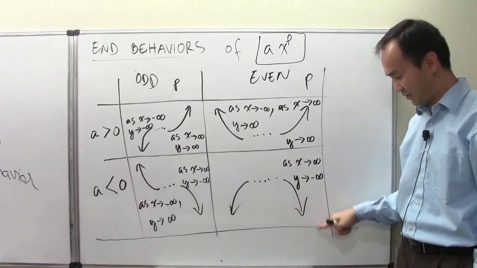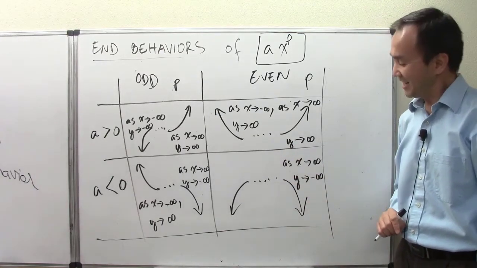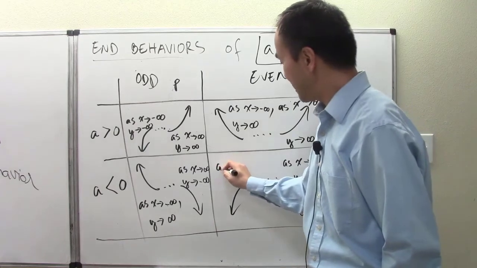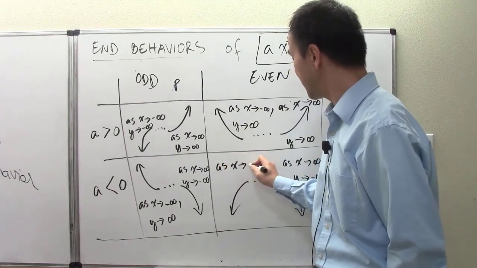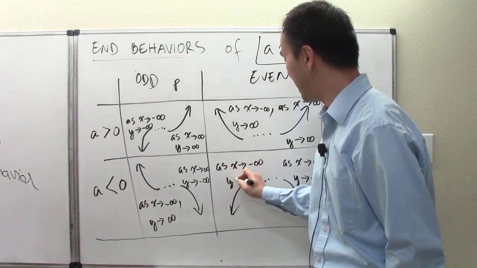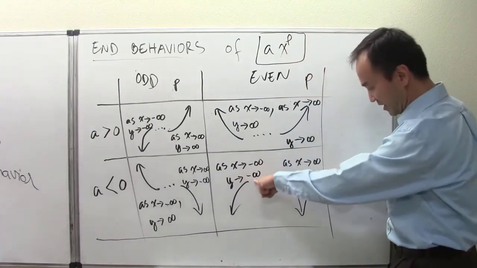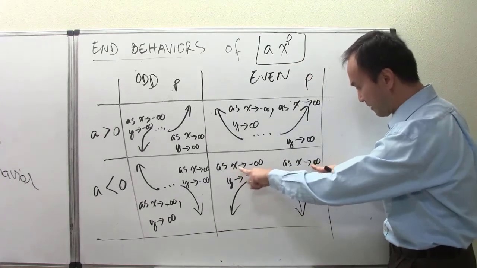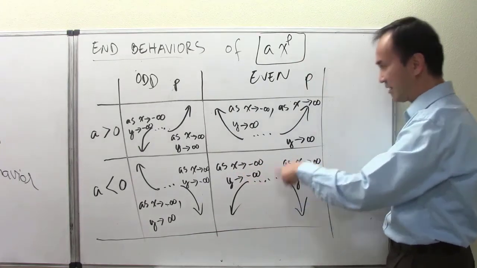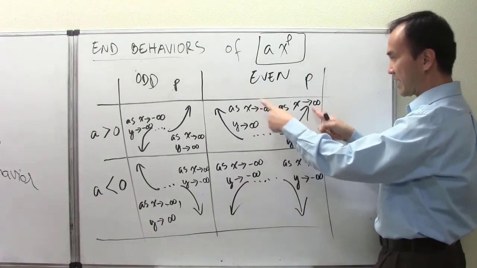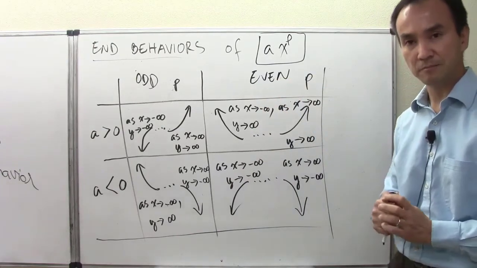That's why the arrow is pointing down as well. And same way right here, as x approaches negative infinity, y value approaches negative infinity as well. So left and right are going in the same direction, pointing down. Left and right going the same direction, pointing up. That's when p is even.